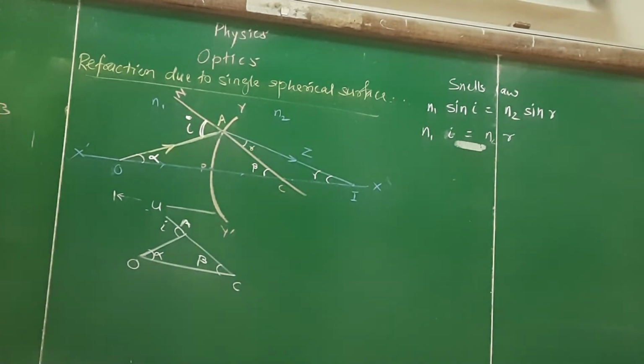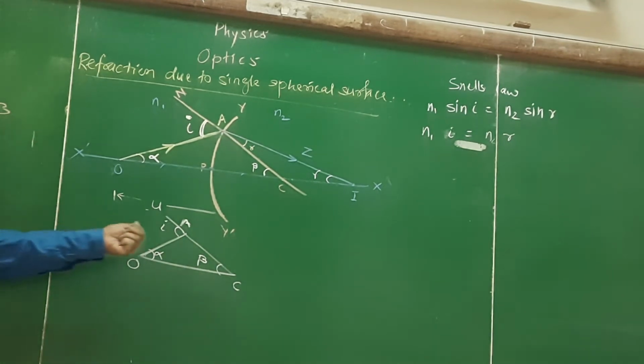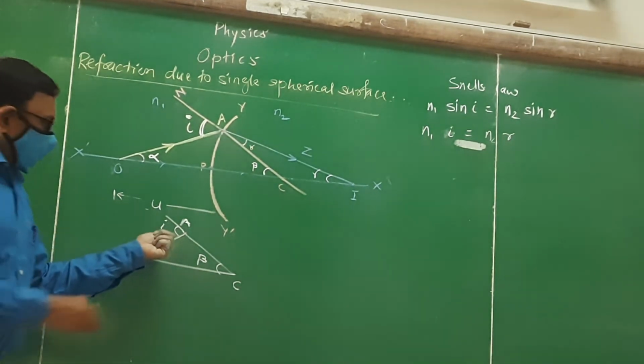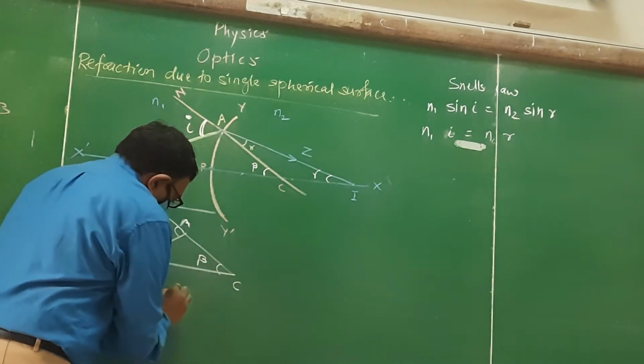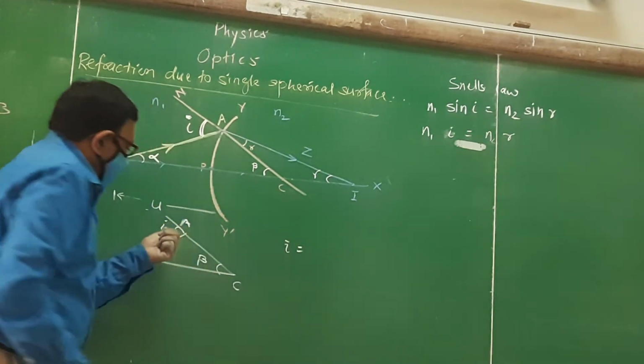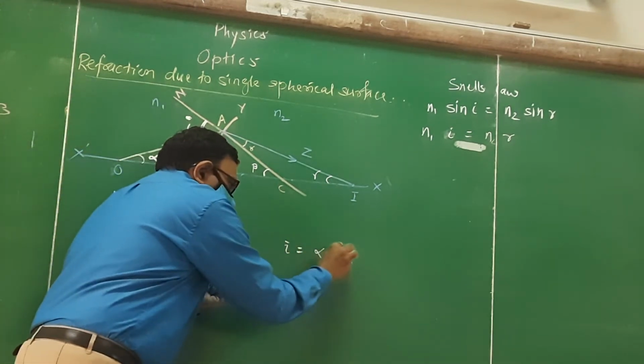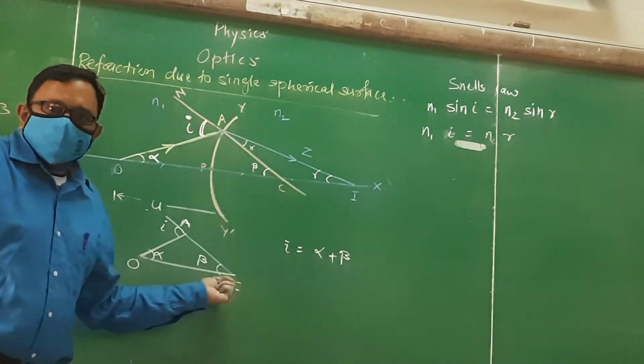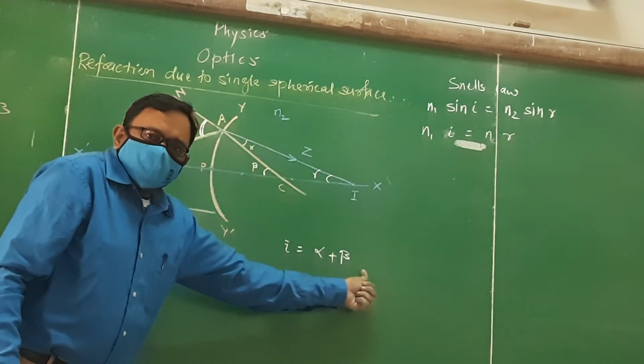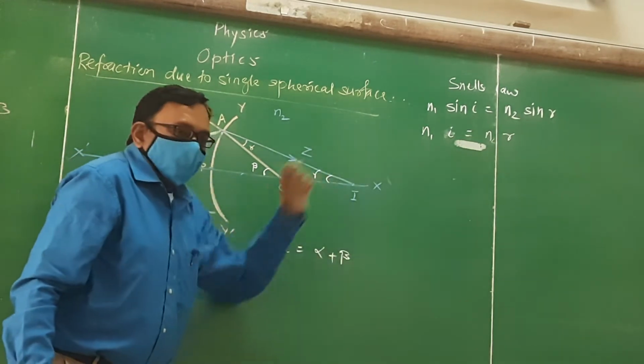By using the concept that we discussed previously, that the exterior angle, I is equal to alpha plus beta. Understand about this? I is equal to alpha plus beta. We require that here.